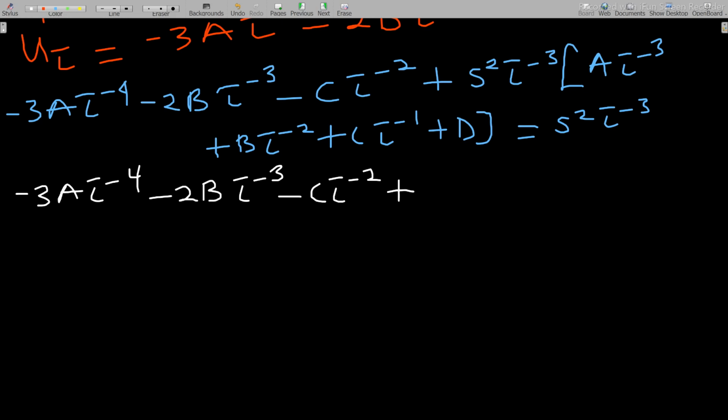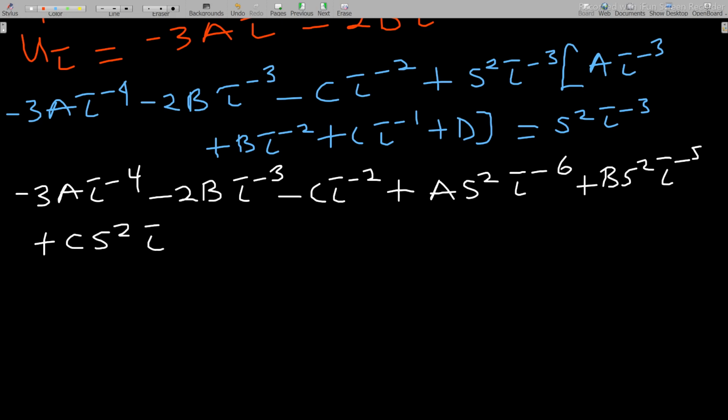Now I'll get a s squared tau to the negative 6 for the first one, plus b s squared tau to the negative 5, plus c s squared tau to the negative 4, plus d s squared tau to the negative 3.